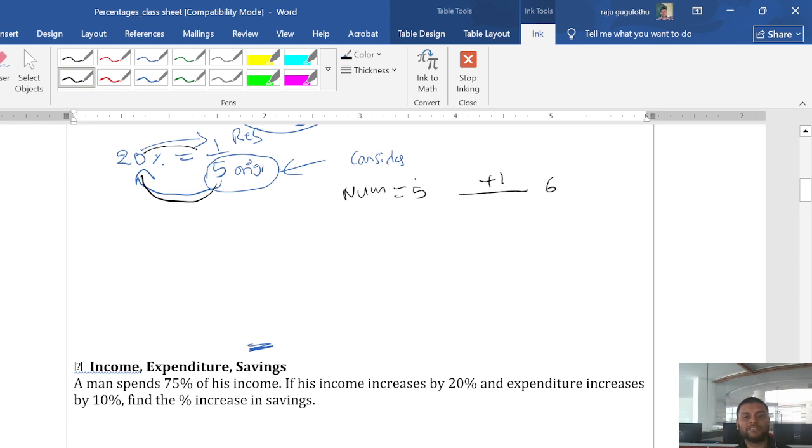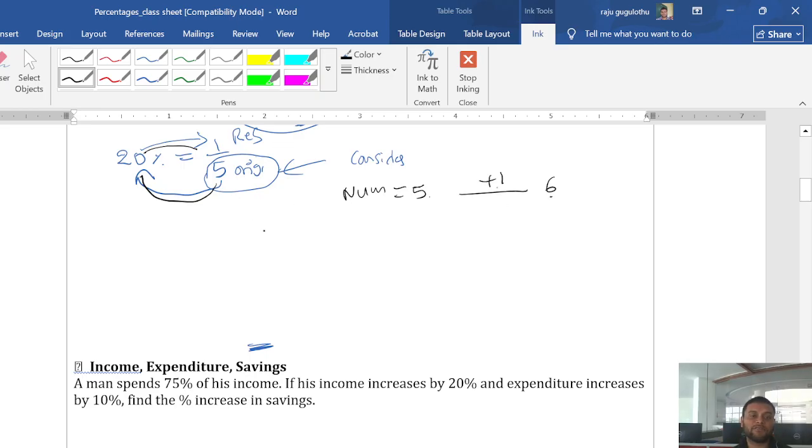As per the question, the number first increases by 20%, so I am increasing 5 by its 20%, which is 1. So I am adding 5 plus 1 and the number becomes 6.